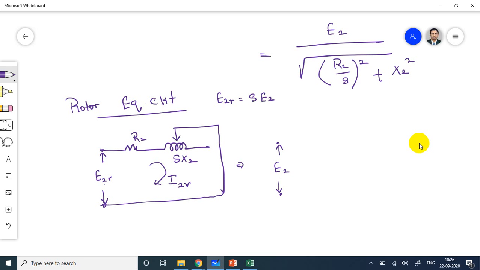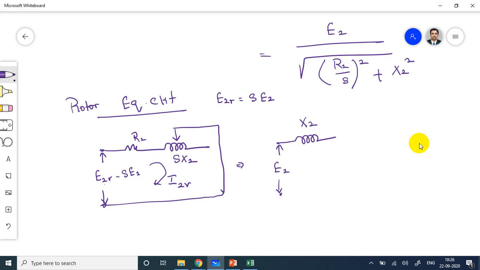If I mention E2, what happened to these notations? R2 will be the same on both sides, so you omit this R2. Then X2 will be X2, because S and S will be cancelled, since E2R equals S into E2.